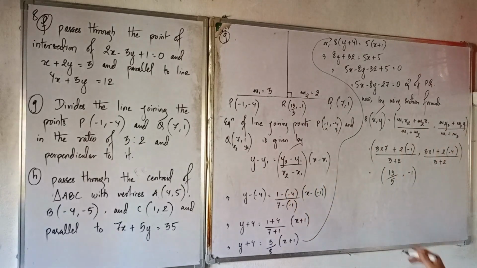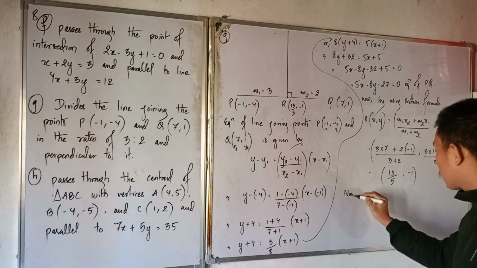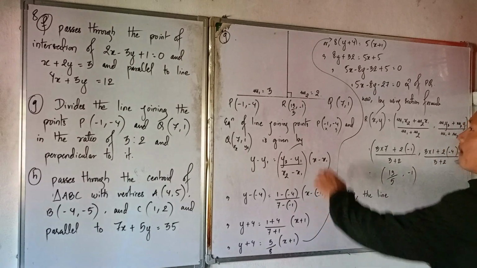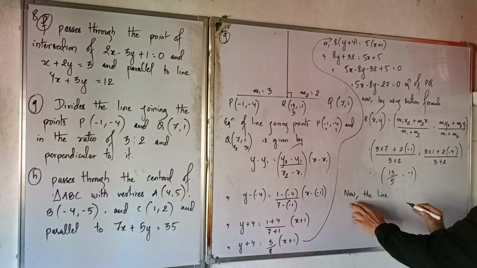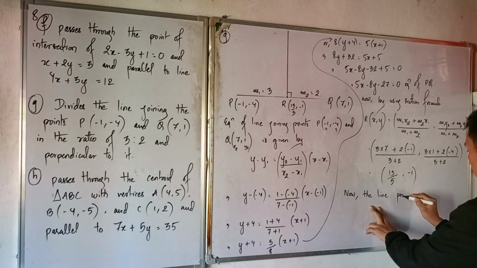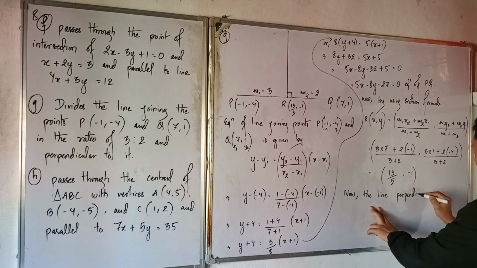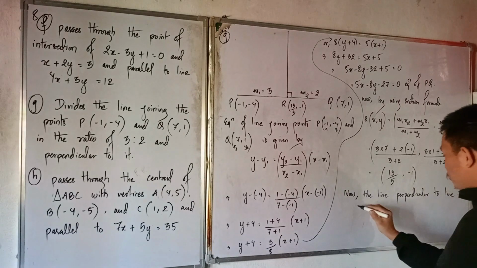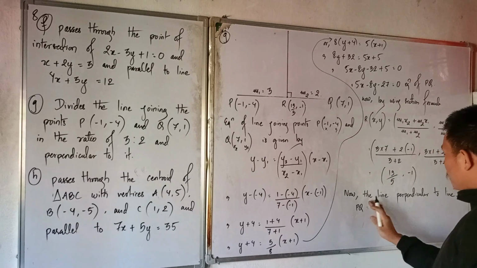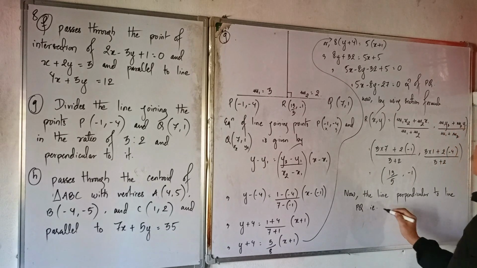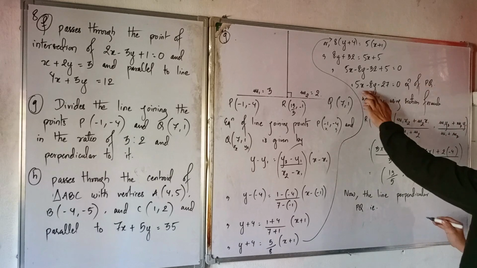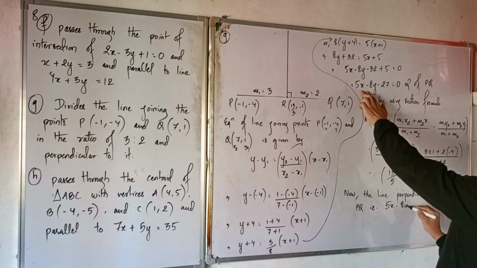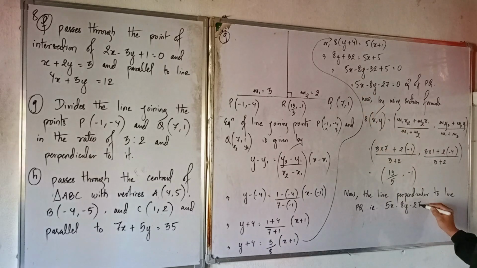the line perpendicular to line PQ. So PQ, which equation? Equation of PQ is 5x minus 8y minus 27 equals to 0.